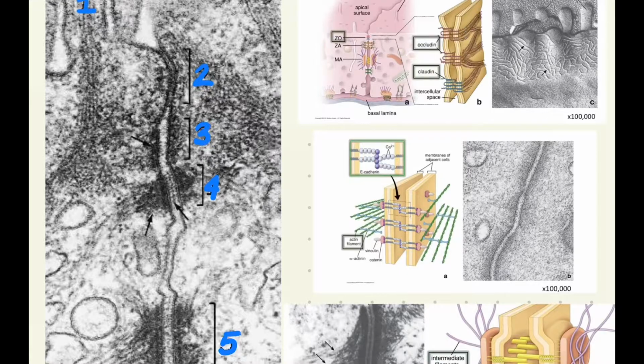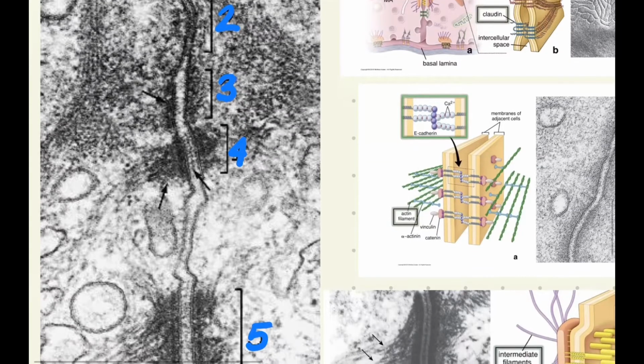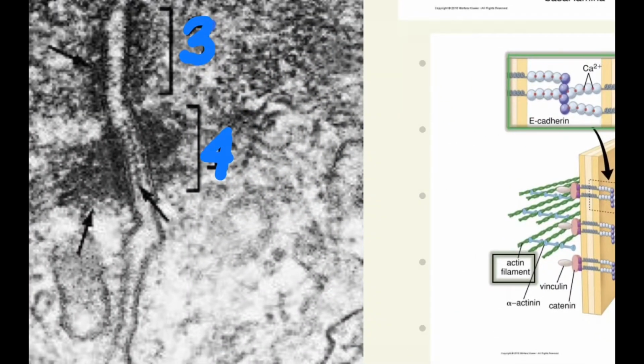It's going to be posterior to the Zonula Occludens, and it's also characterized by having this clear spot right here. It doesn't have this line, okay?